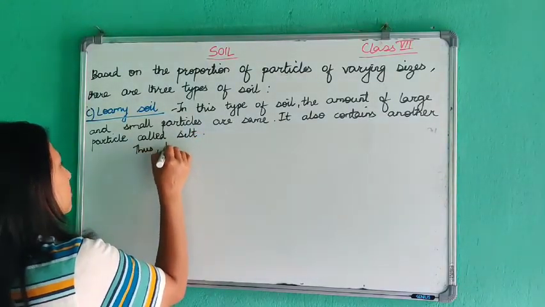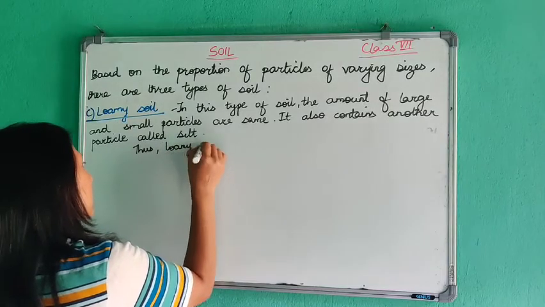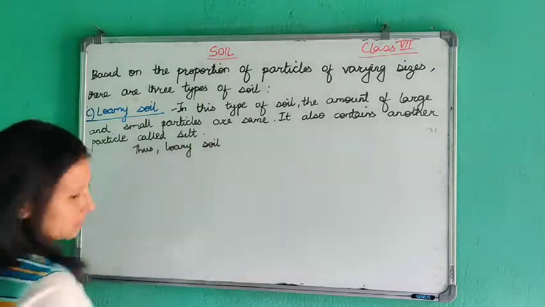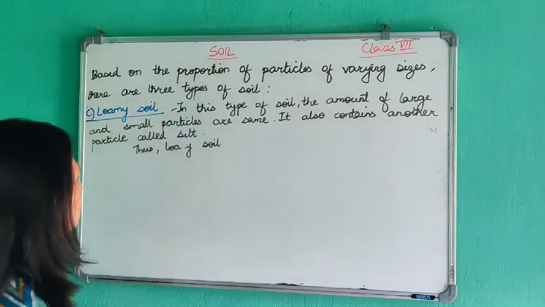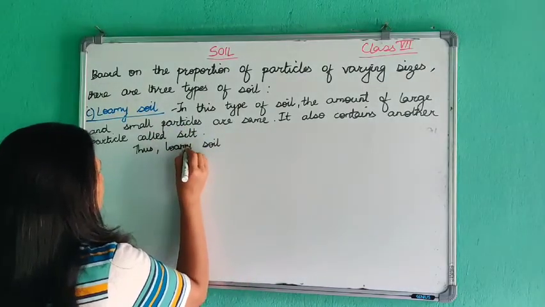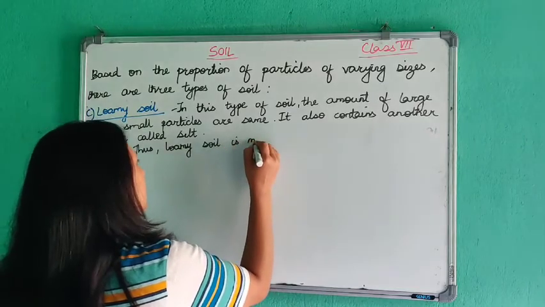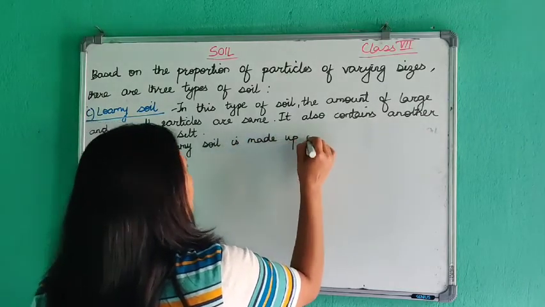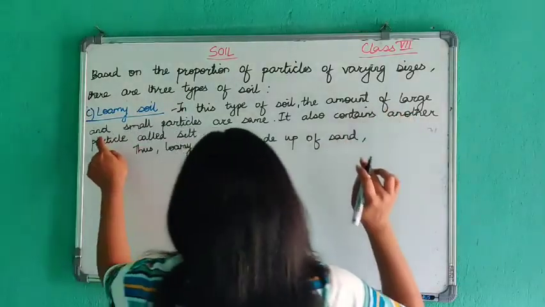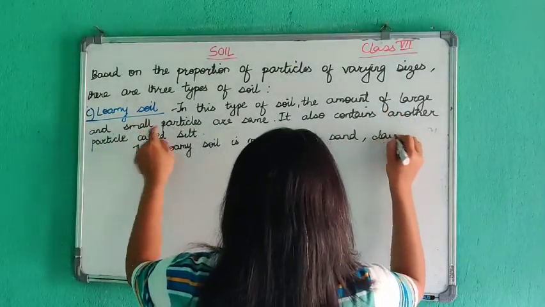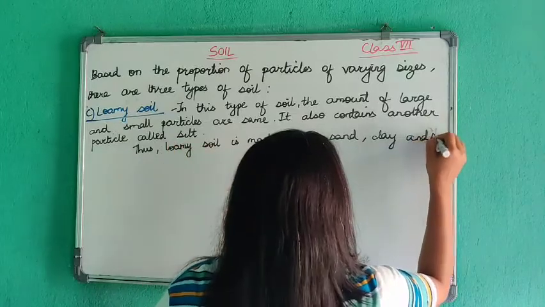Thus loamy soil is made up of sand particles, त्यो large particles हो, small particles clay, and it is also made up of silt.